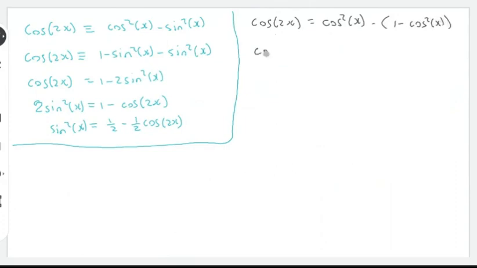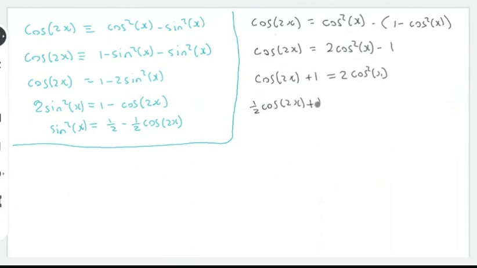So cos 2x is equal to cos squared x plus cos squared x, which is 2 cos squared x, minus 1. And then getting the cos squared x by itself, I get cos 2x plus 1 equals 2 cos squared x. And then dividing by 2, I get a half cos 2x plus a half equals cos squared x. Or indeed, cos squared x is equal to a half plus a half cos 2x.